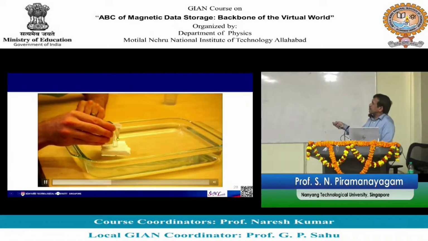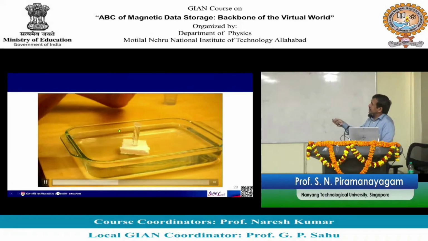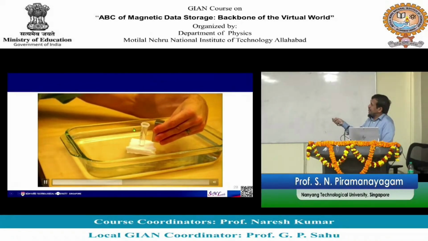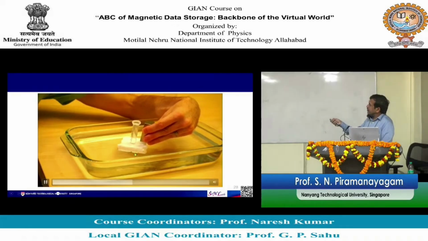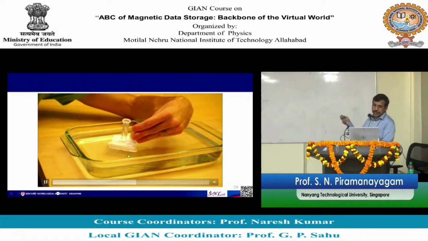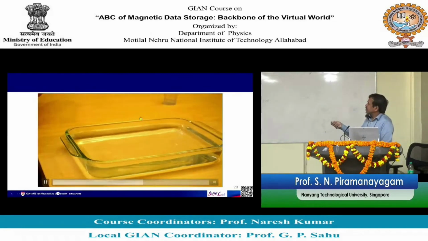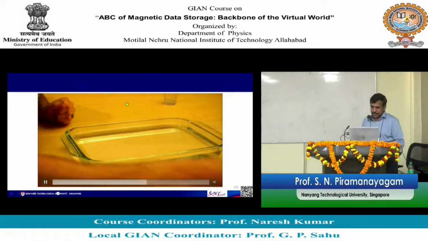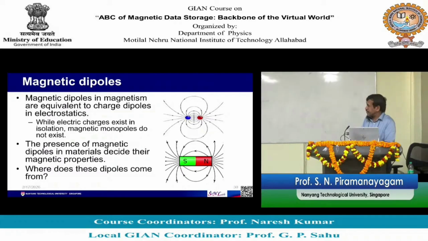So, there is a beaker with water, and you can see that the water is getting repelled by the magnet. The floating piece on the water helps to reduce the friction. So, you can see the repulsion between water and the magnet easily. Those are some experiments that show that there is a repulsion between a magnet and a diamagnetic material.